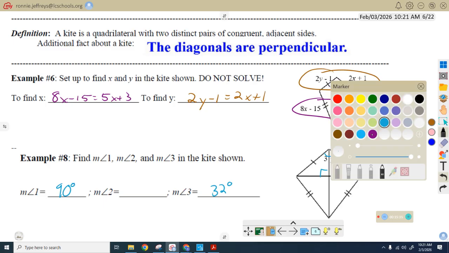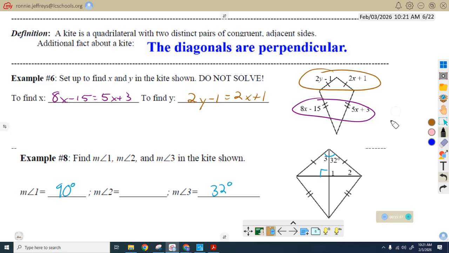How would we find angle 2? If this is a triangle, we know 2 angles. Angle 1 is 90. Yep, 180 minus 90 plus 32.